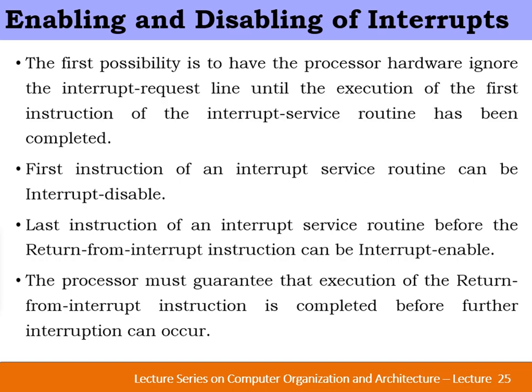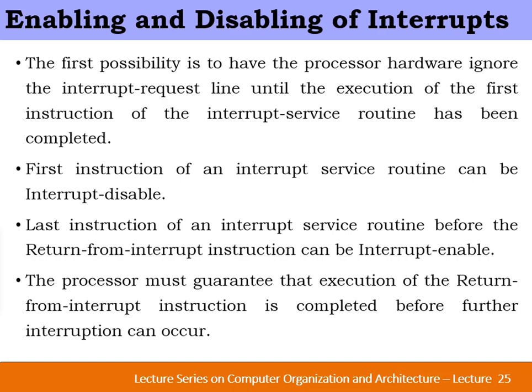By using an interrupt disable instruction at the beginning of the ISR itself, the programmer can ensure that no further interruptions will occur. Here we can make use of two important instructions: one is called the interrupt enable instruction and another is called the interrupt disable instruction.